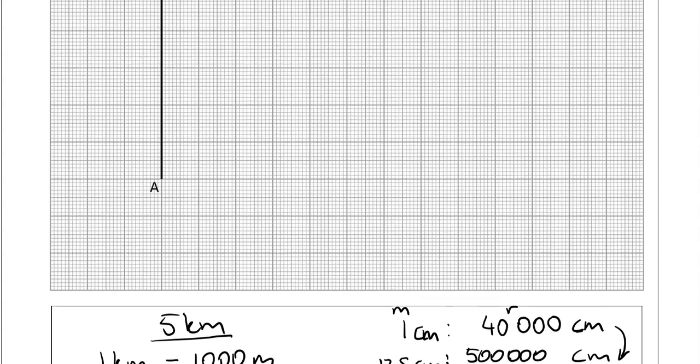So the whole journey should be 12.5 centimeters. We've got 1 here, 2, 3, 4, 5, 6, 7, 8, 9. So we'll continue 10, 11, 12.5. And we'll mark this with D.